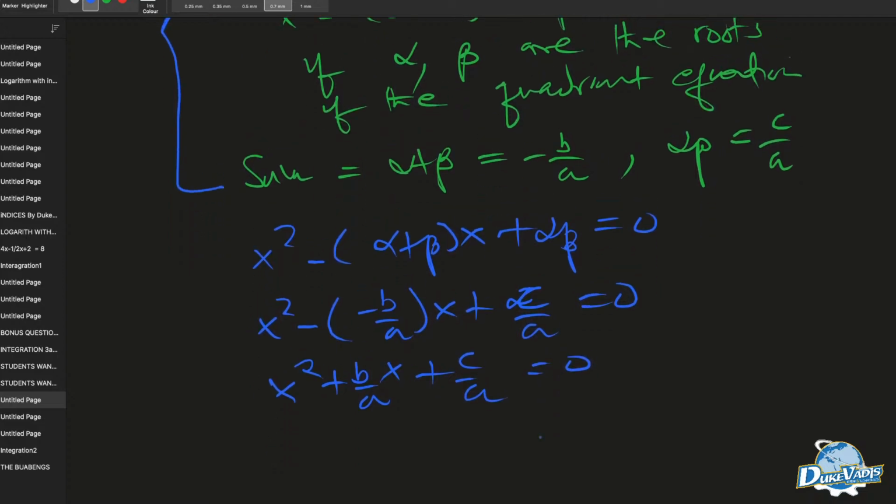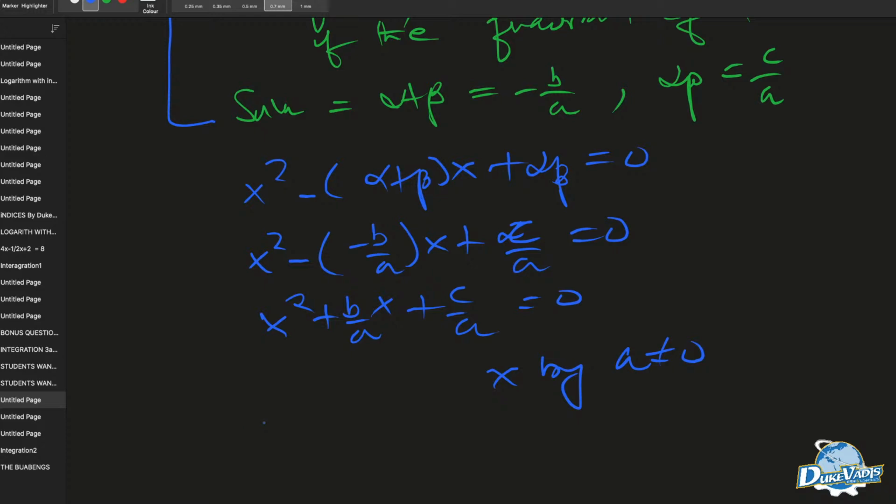So as you multiply through by a, such that a is not equal to 0 as usual, then our expression will be ax squared plus bx plus c is equal to 0. So that is how this equation was derived.